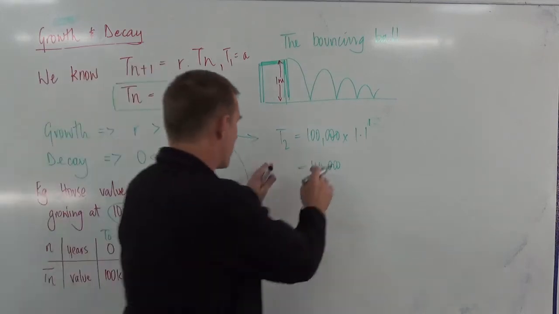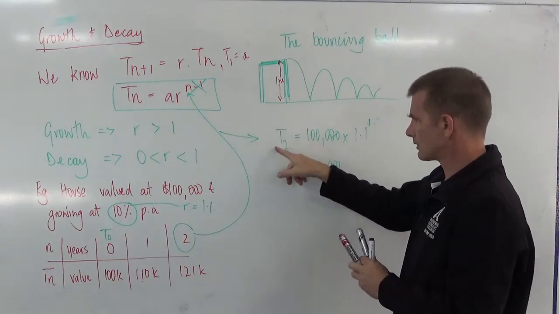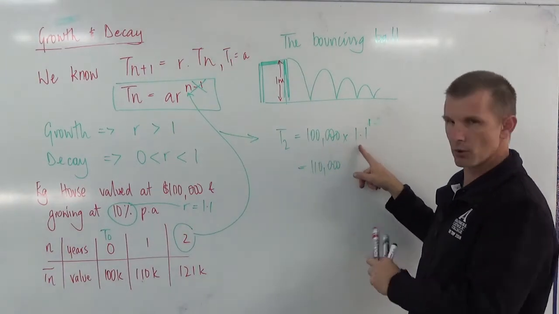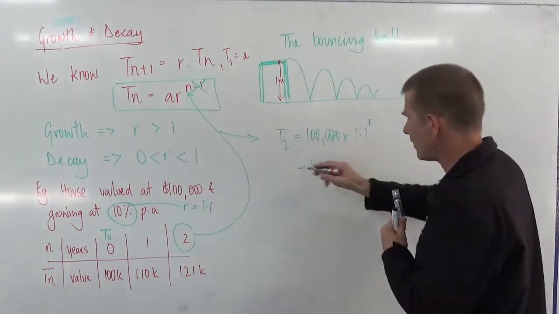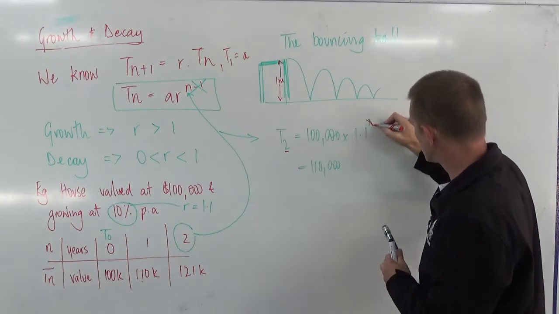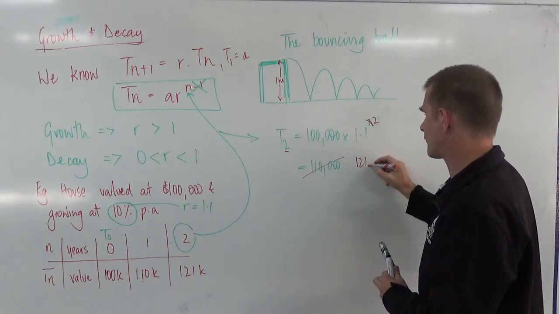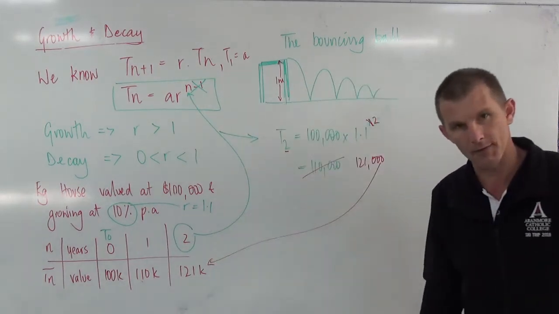So then, if I rework this, I'll do it in red so you see the differences. If I was doing T2, this would still be 100,000 times 1.1. That's the same, but it would be just to the power of n, which is 2. And then this number would come out at 121,000, which would match with what I've got there.